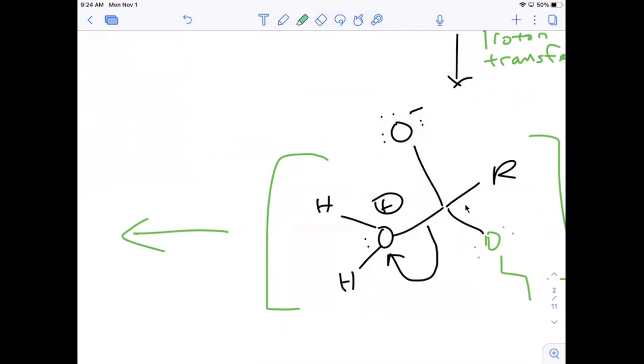Oh, okay. Yeah, we want to break that C-O bond, but then we want to make this C-O pi bond, right? So it's the electrons from the oxygen that are going to be used to reform the pi bond. And then we'll lose water at the same time. So this is the elimination step.